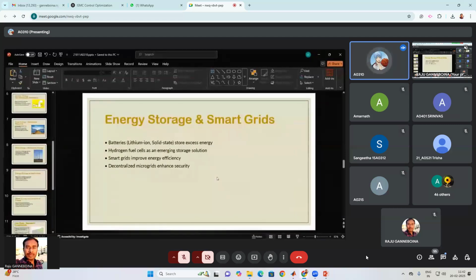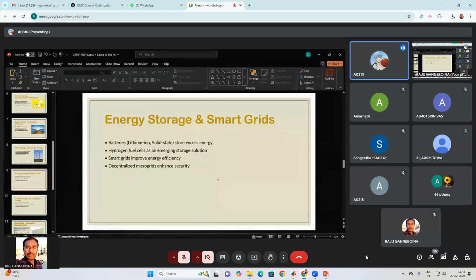And the next subtopic is energy storage and its significance. Basically, when we think of energy storage, batteries like lithium-ion and solid-state batteries are the most commonly used energy storage methods, because they store excess energy from renewable sources like solar or wind for later use. And hydrogen fuel cells are also an emerging storage solution.